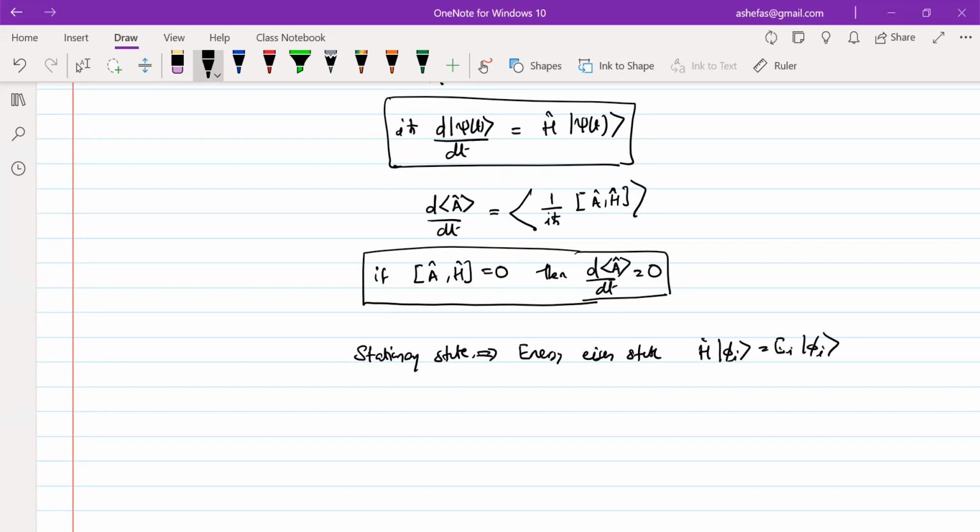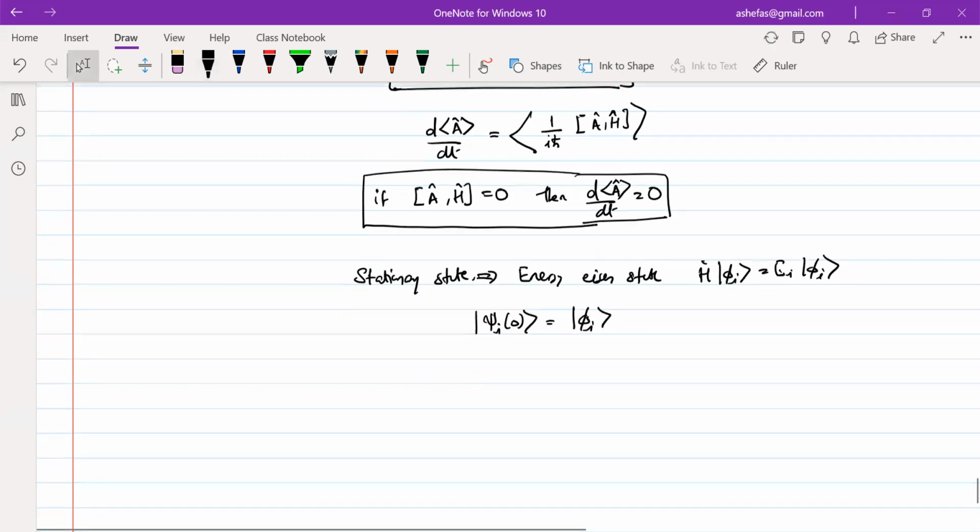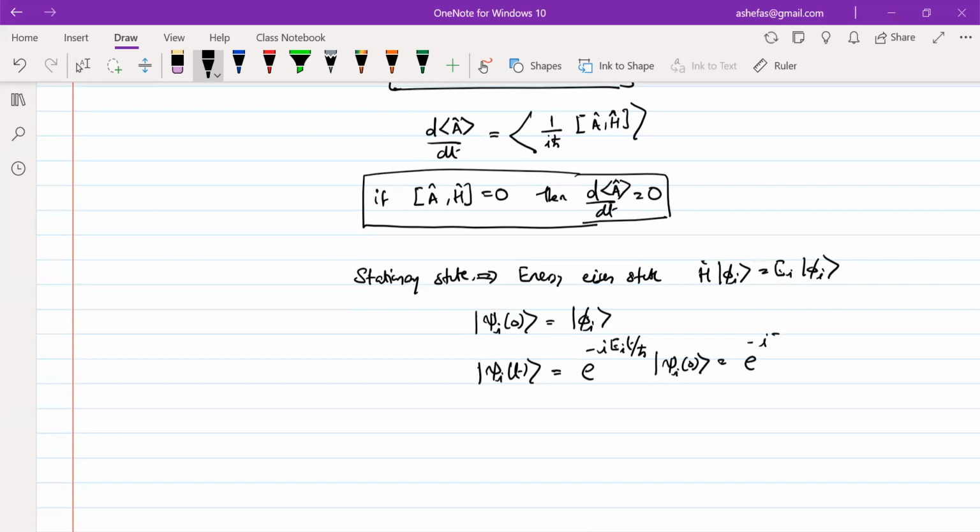So if ψ_i(0) is |φ_i⟩, then the state at a later time would be e raised to minus i E_i t by ħ ψ_i(0), or e raised to minus i E_i t by ħ |φ_i⟩.